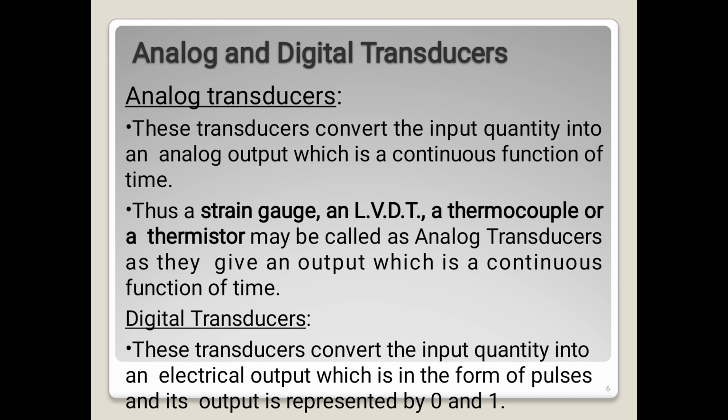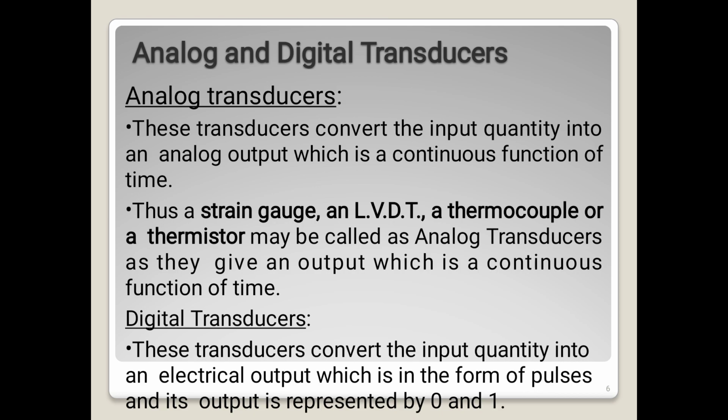A digital transducer converts the input signal into an output signal in the form of pulses. That is, it gives the output as a discrete signal in the form of zeros and ones. Nowadays digital transducers are more popular because they have a lot of advantages, as we are moving towards the digital world.